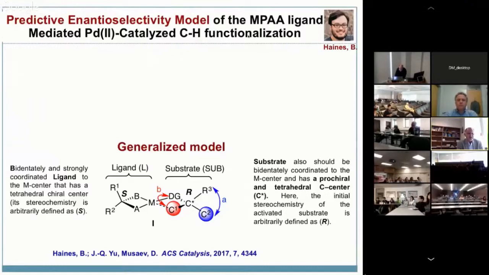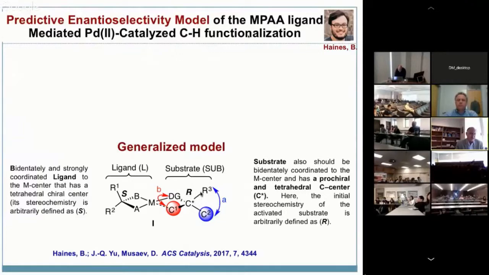where the active intermediate should have the same geometrical motif as the active intermediate in the MPAA ligand mediated palladium catalyzed C-H functionalization process. Namely, it should have a strongly bidentately coordinated ligand with a chiral center, as well as a substrate which is also bidentately coordinated to the metal center.